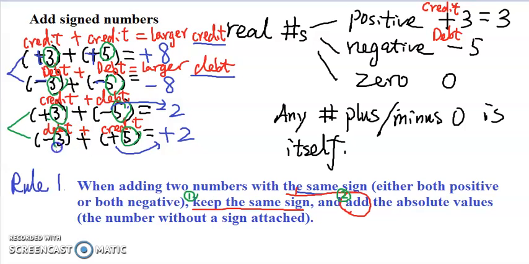Now let's summarize a rule here. So for the second case, when we add numbers with different signs, whether you're going to get positive or negative depends on which one is larger. So you're going to look at the number without the sign. We also call it absolute value. So the number with the larger absolute value, you take that sign in front of that number.